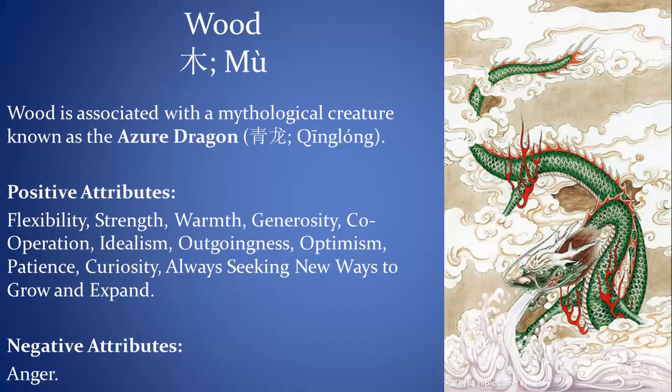So in terms of wood, wood has a number of positive attributes associated with it, including flexibility, strength, warmth, generosity, cooperation, idealism, outgoingness, optimism, patience, and curiosity. So it can really be distilled into the concept of always seeking new ways to grow and expand. This idea of growing out, blossoming, and thriving.